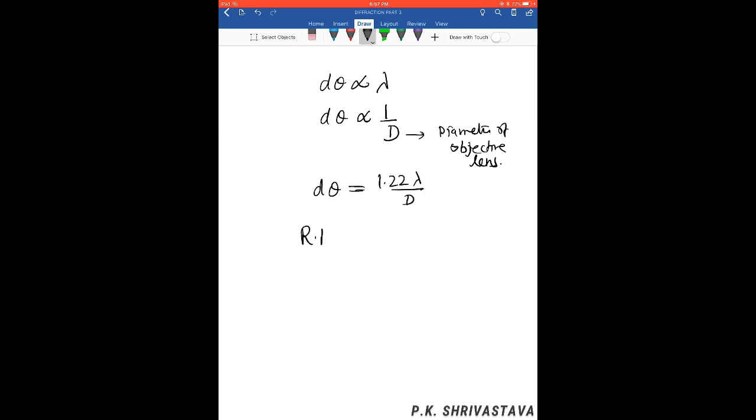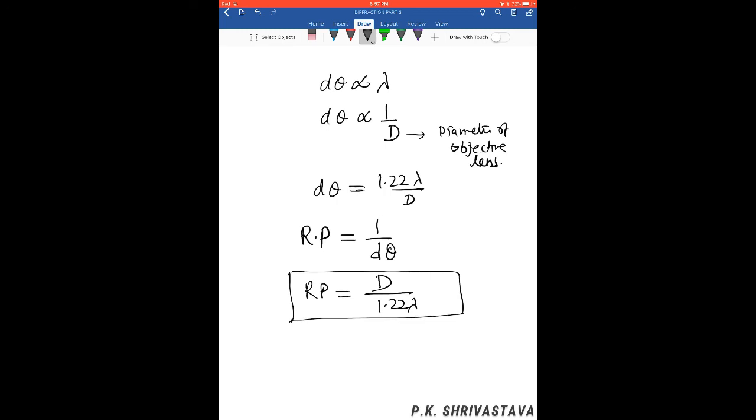Now, the resolving power of telescope is inversely proportional to limit of resolution, because if angular separation is small, then resolving power is large. So, resolving power is given by d upon 1.22 lambda. This resolving power of telescope is directly proportional to diameter of objective lens.